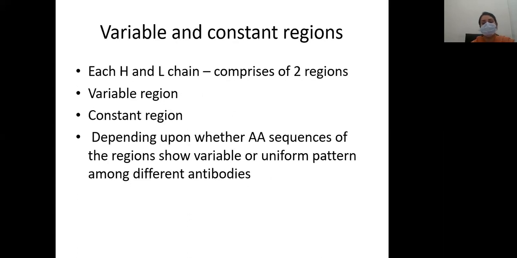Variable and constant regions. What are variable and constant regions? Each H and L chain comprises two regions, variable and constant regions, depending on whether the amino acid sequences of the regions show a variable or uniform pattern among different antibodies.